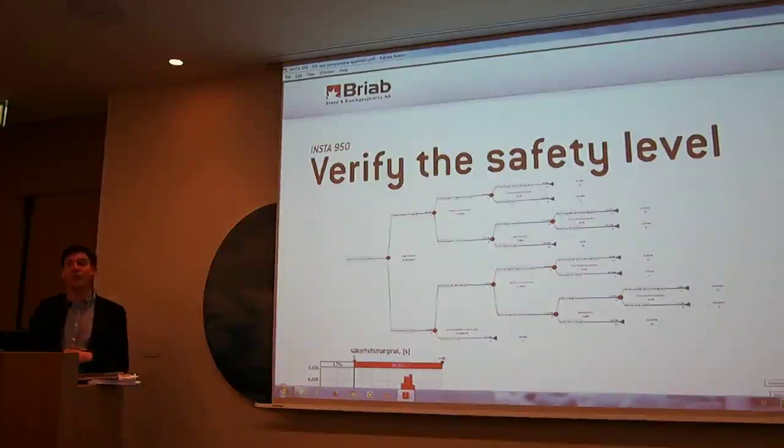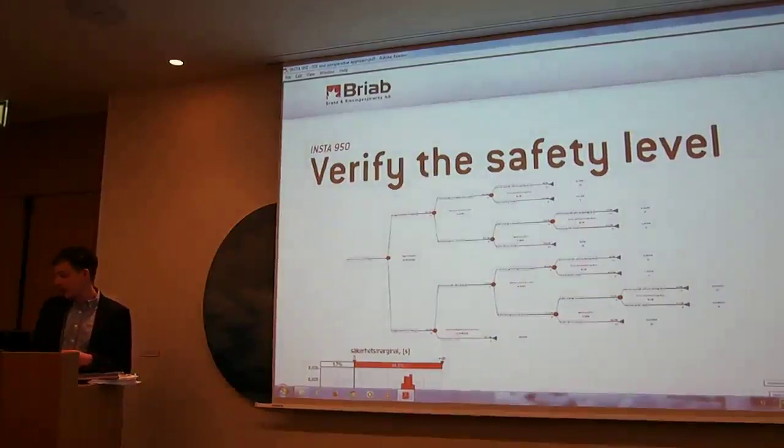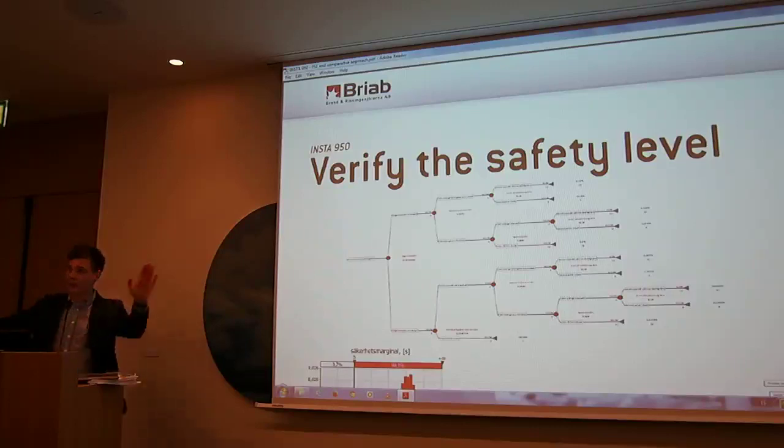In a probabilistic way, we usually work with some kind of risk assessment. In this case, when we were talking about the risk of blocking the evacuation route, we used an event tree and calculated the risk level, and then compared the risk levels with each other.